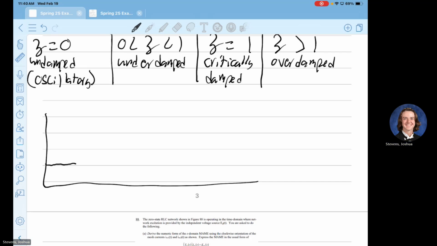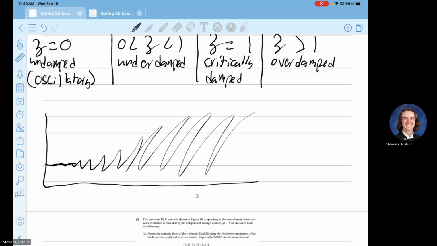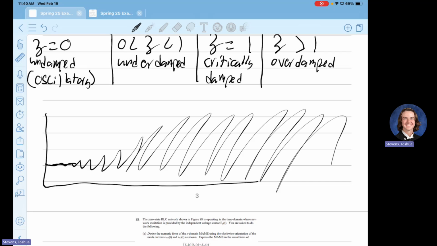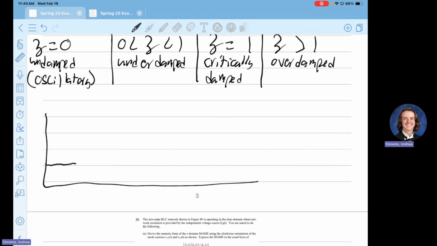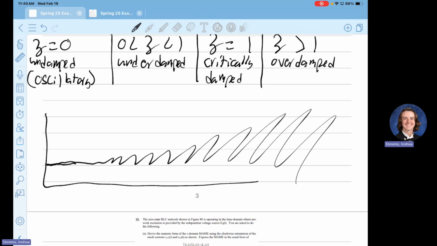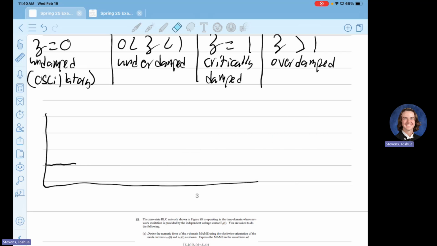If it's undamped, it's just going to go like this and oscillate. If it's underdamped, it does that same thing, but slower. If it's critically damped, it's basically going to be a straight line. And if it's overdamped, I honestly don't know what happens. But basically, the damping ratio tells you how stable that circuit is.